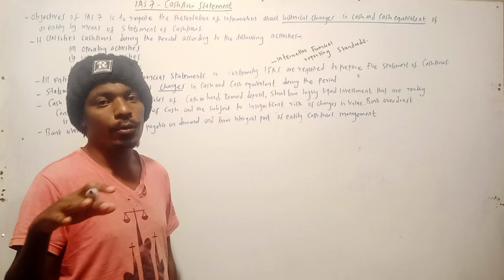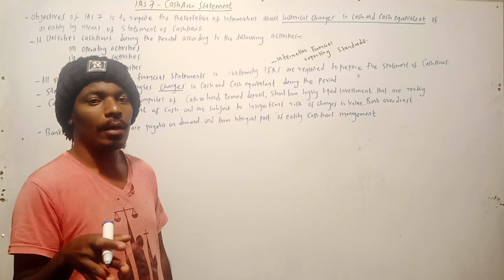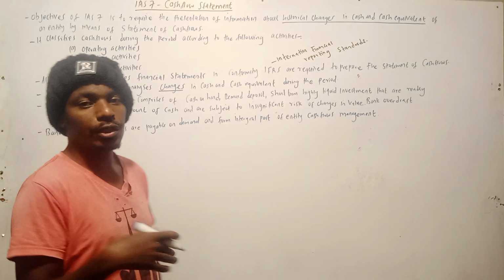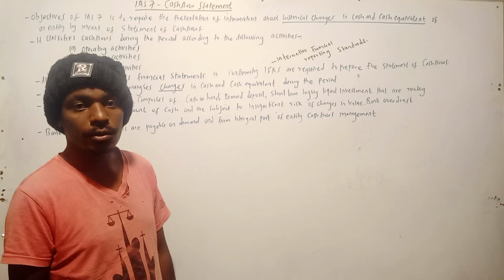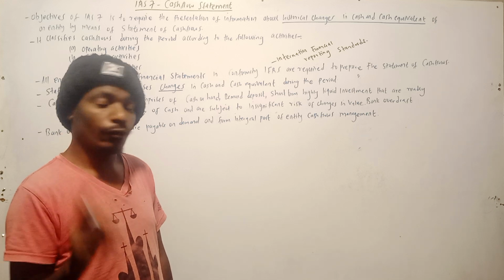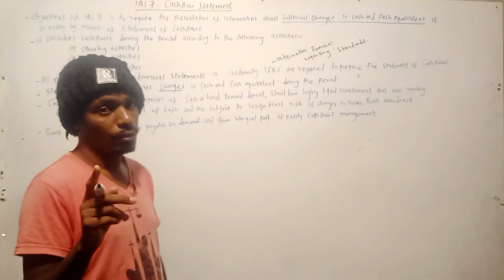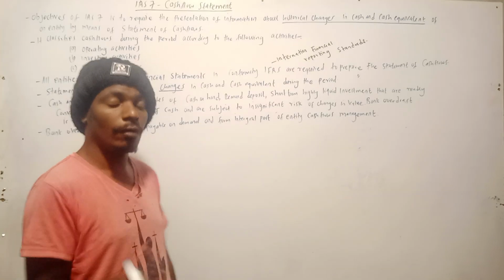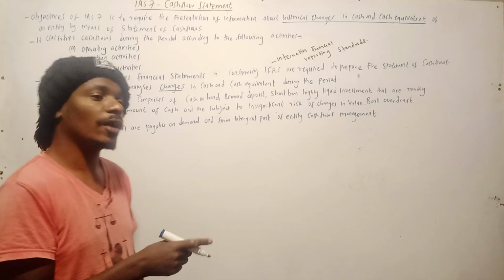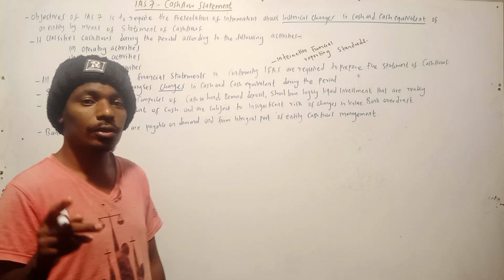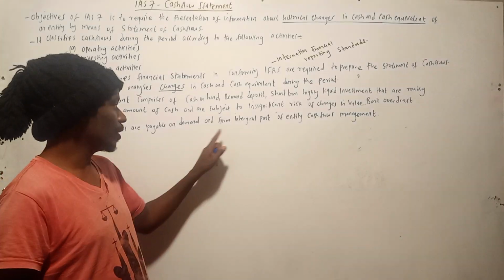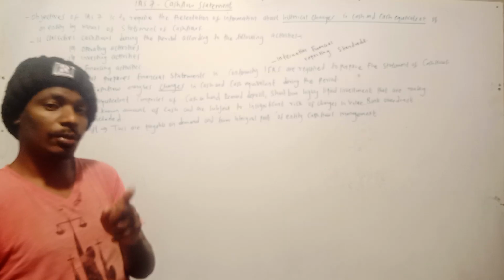For example, when you have a Fuliza and you receive an amount of money from someone, that amount is deducted immediately. Because of that reason, it forms an integral part of the cash flow of an institution. So if a company has a bank overdraft, it means when they receive cash through the bank, the amount will be deducted immediately, and therefore they form an integral part of the cash flow management of the company.